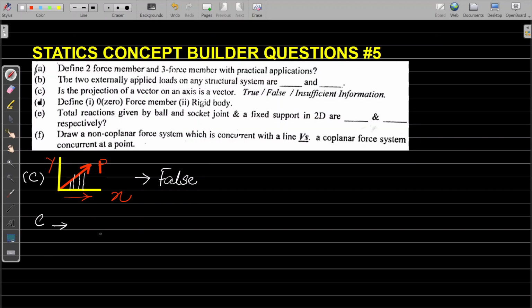And then we go to another problem. You can write over here, if you want to, the answer for C: three reactions, Fx, Fy, Fz. And for the fixed support, it will be six reactions.